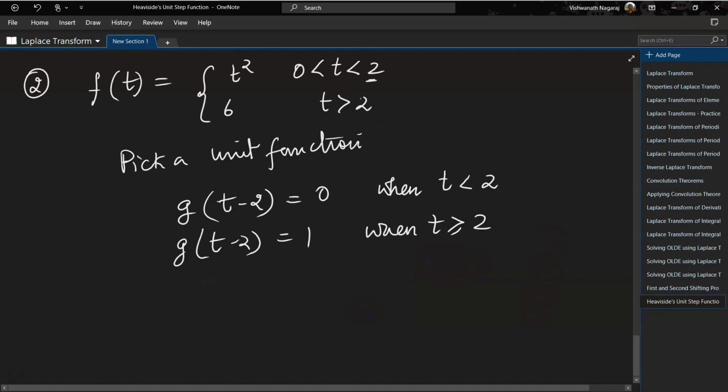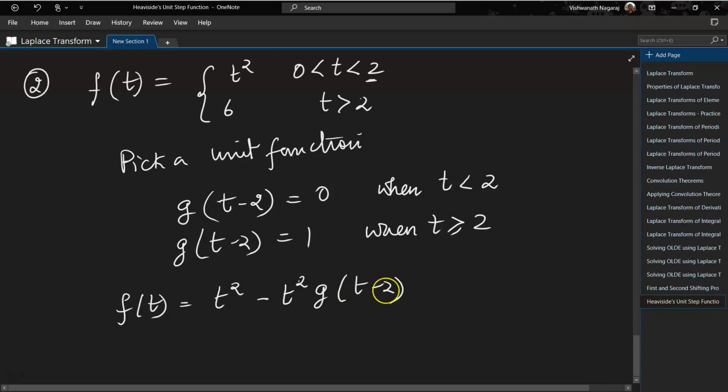Okay, now we have to write this function f(t) in terms of g(t). So f(t) is equal to t² as it is. Now we have to keep adding and subtracting terms to satisfy f(t). So minus t² times g(t − 2).